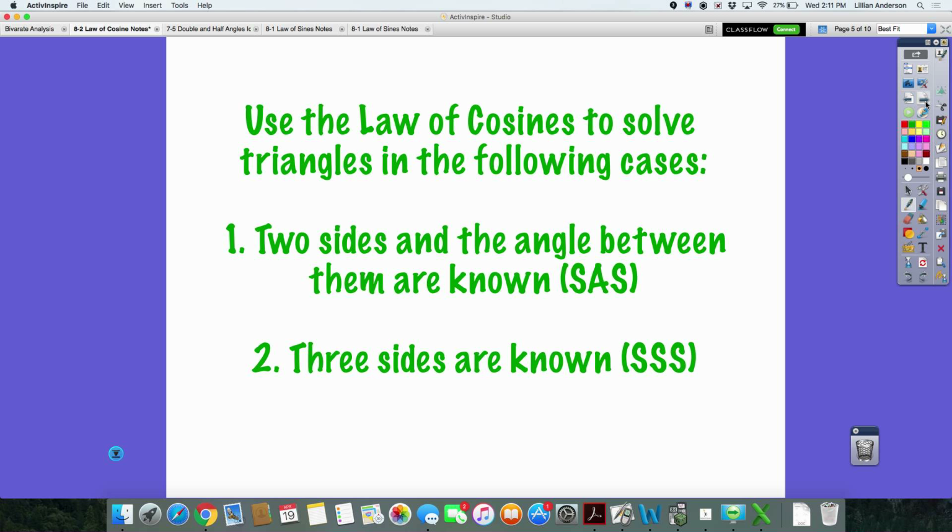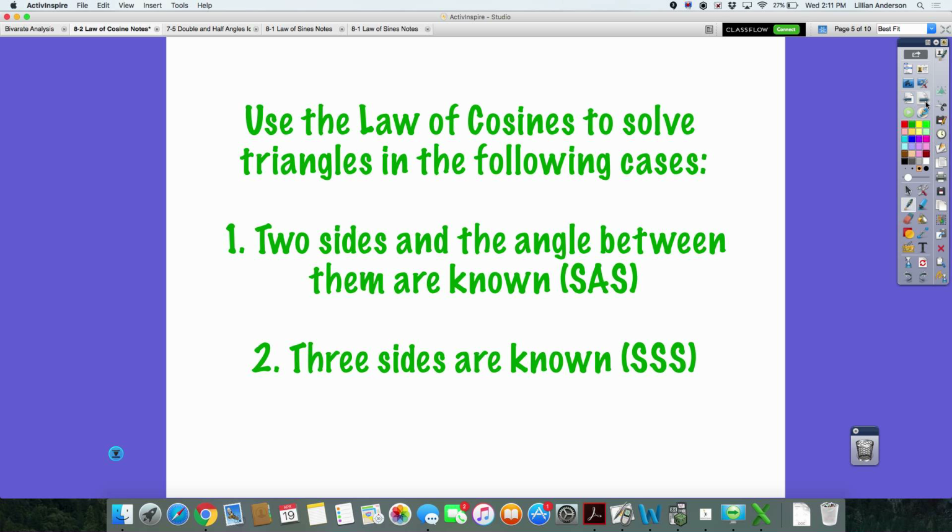Or when you know all three sides. That is the side, side, side situation. Okay? So you use law of cosines for these two. You pretty much use law of sines for any other situation. Any questions? Is there a law of tangents? There is no law of tangents. Okay? Just law of sines and law of cosines.